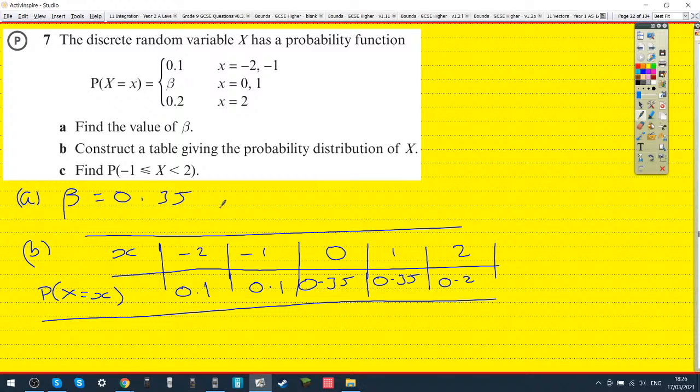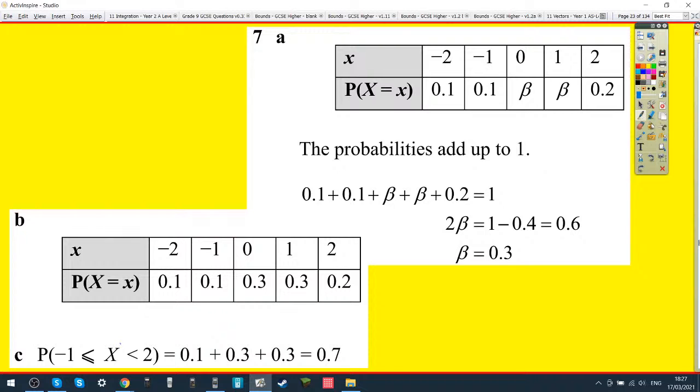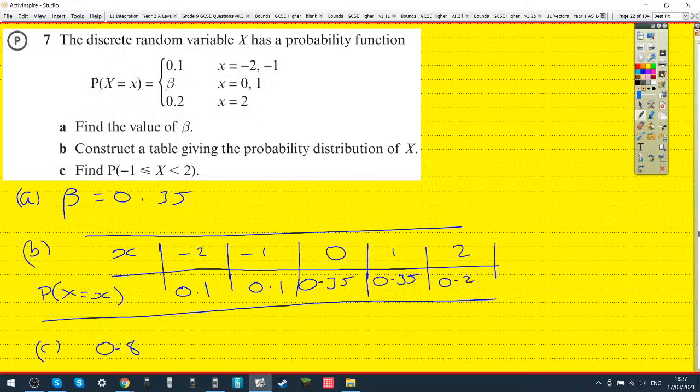And then part C. So okay, 0.1 plus 0.35, so 0.8. So it was 0.3, 0.1, 0.1, 0.2.